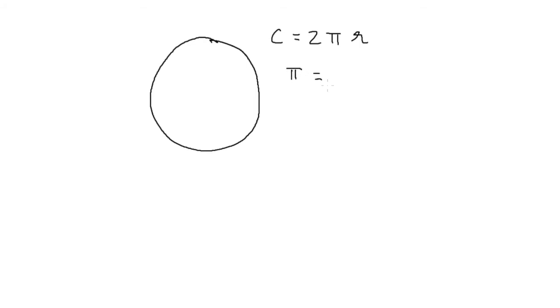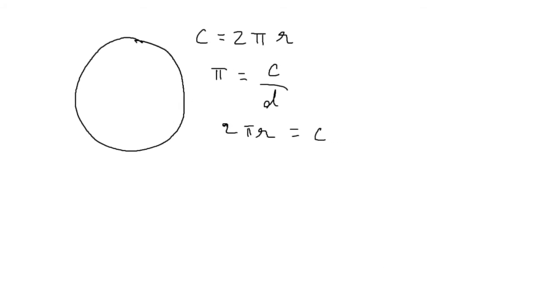Pi equals the ratio of the circumference and the diameter, right? The diameter is just 2r. So 2 pi r equals C. Easy. Now, we have the circumference of the circle here.